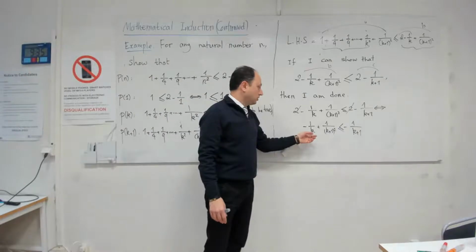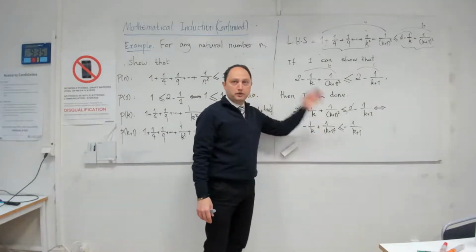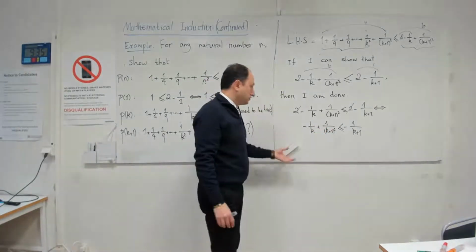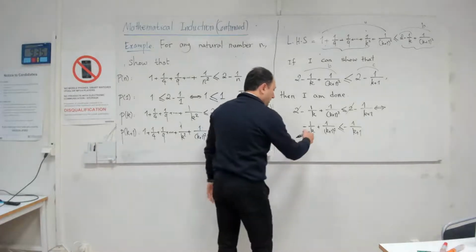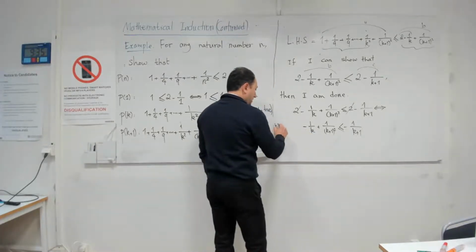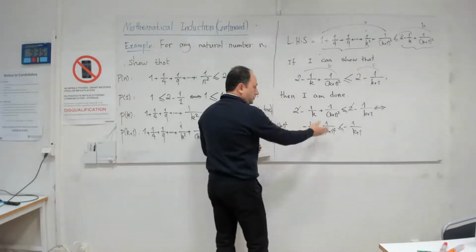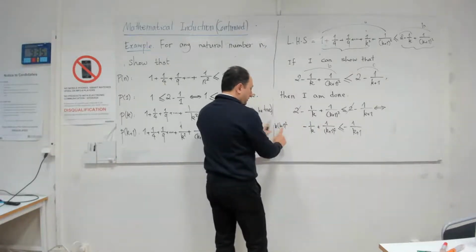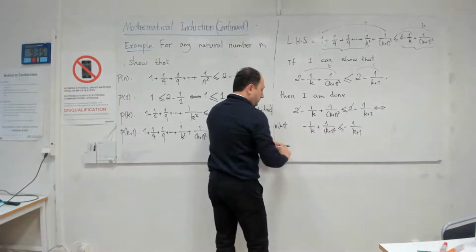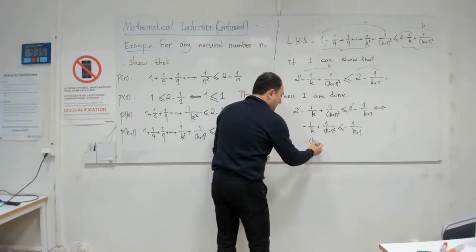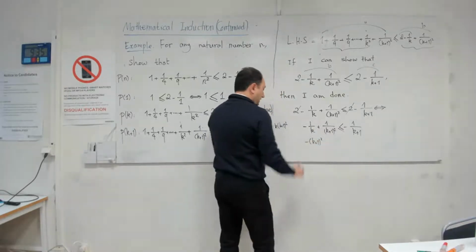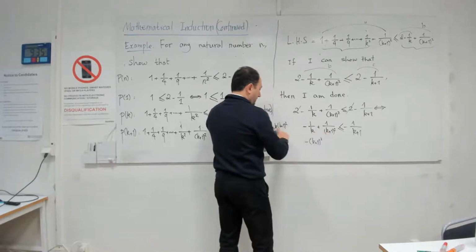So I multiply this by k times (k+1)^2. That's up to you. But can I do that? If I multiply everything by k(k+1)^2, the reason for doing this is I just want to get rid of fractions. If I multiply this by the first term, it becomes negative (k+1)^2. Yes? And then if I multiply this by that one, k is left.